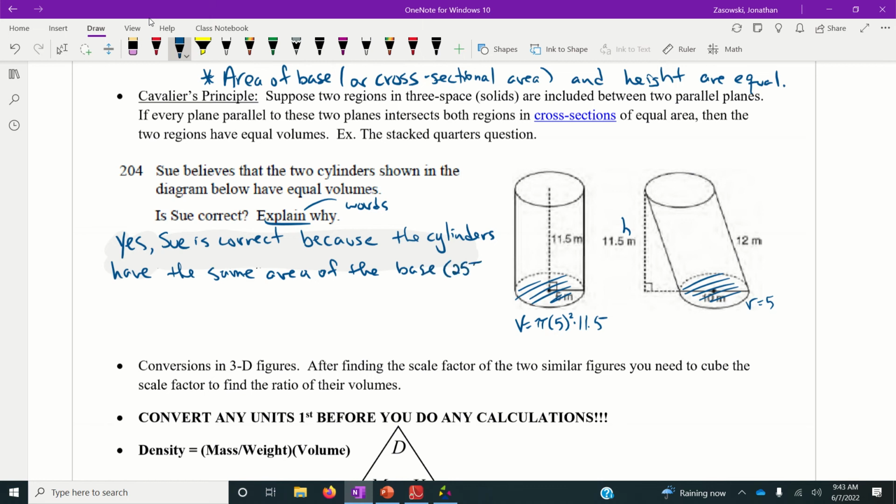So that's 25 pi, okay, and the height, 11.5. So the volumes will be the same, will also be equal. And that's it. Okay, so whenever it mentions Cavalieri's Principle or asks if these are the same, that's the phrase we're looking for here.